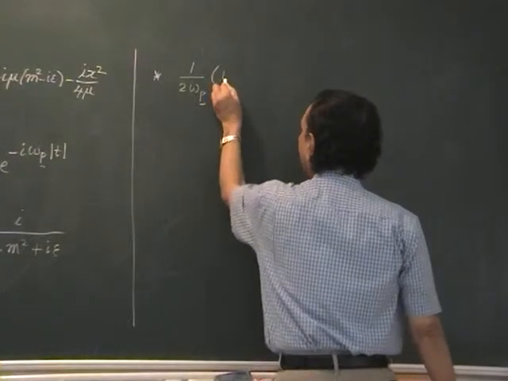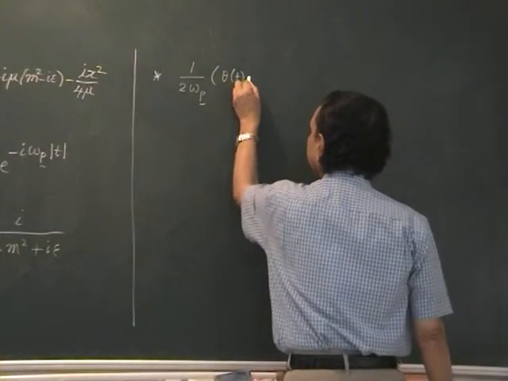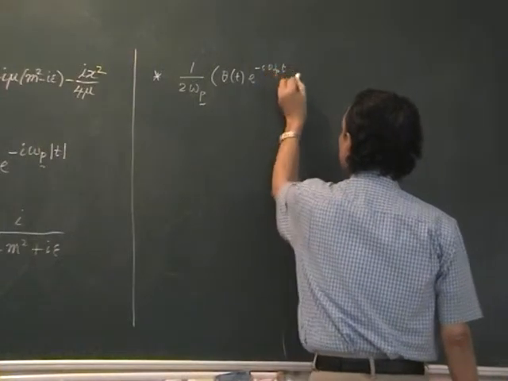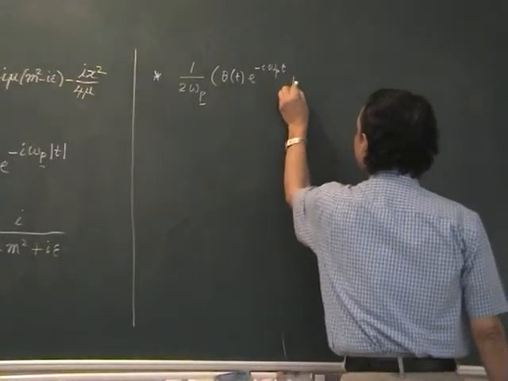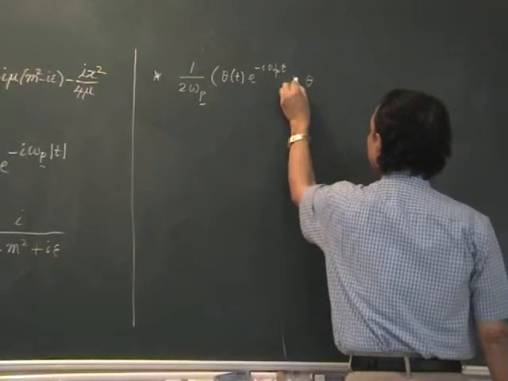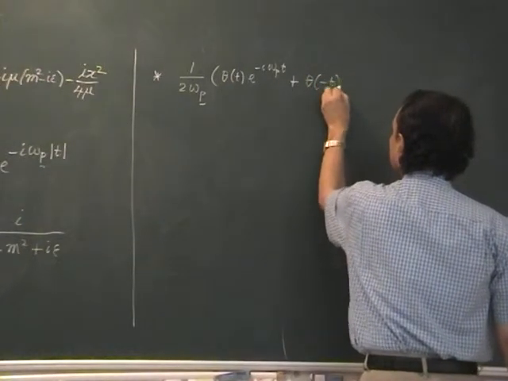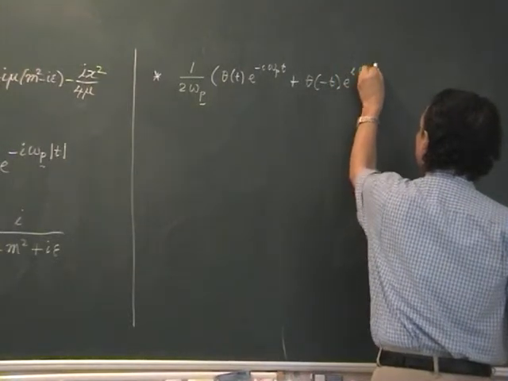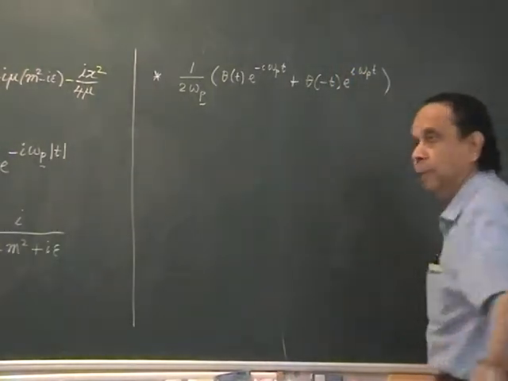If we expand it out, it is theta of t e to the minus i omega p t, which we all love. And then you have a backward propagation in time, which is a purely relativistic feature, omega p. This is what we have.